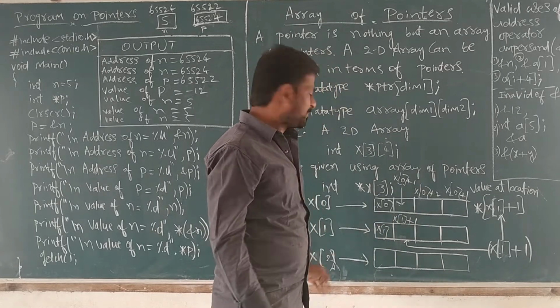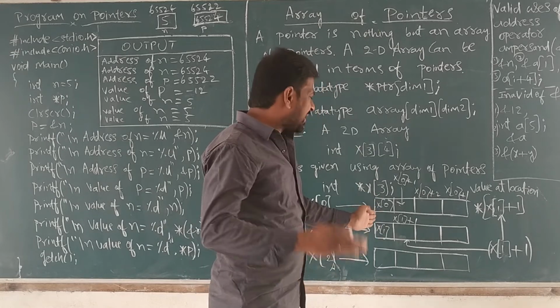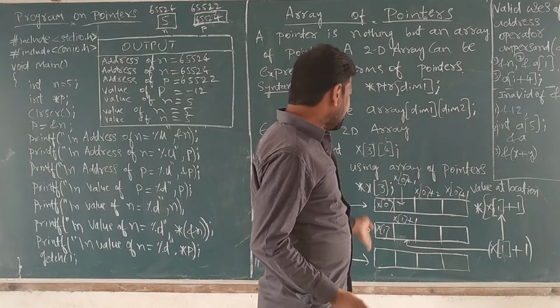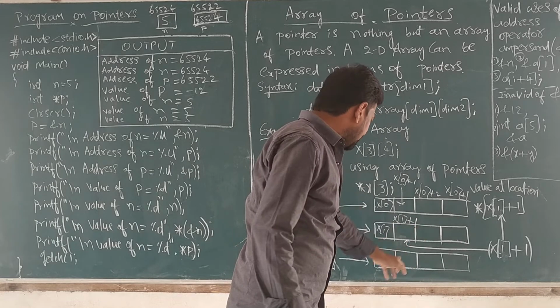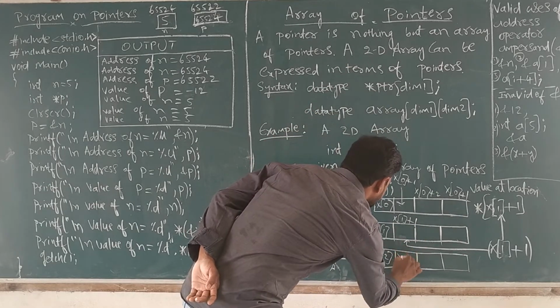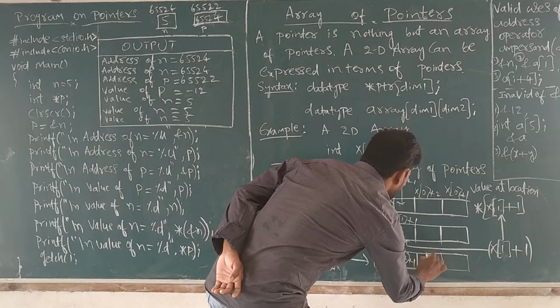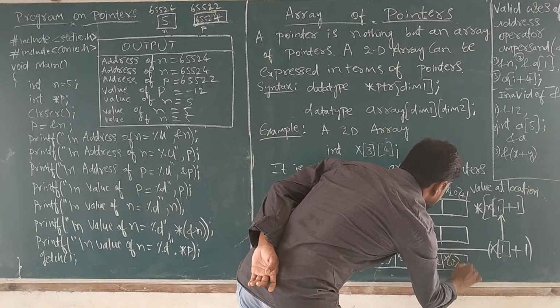The first column does not need any value added, but for the second column we need to add 1. So x of 0 plus 1 for the second, x of 2 plus 1 here, then x of 2 plus 2, x of 3 plus 3.